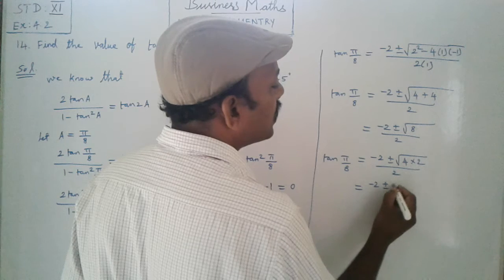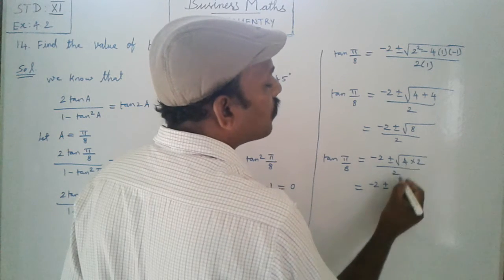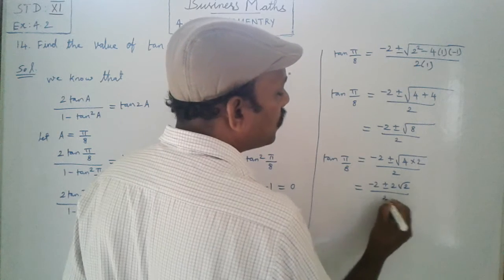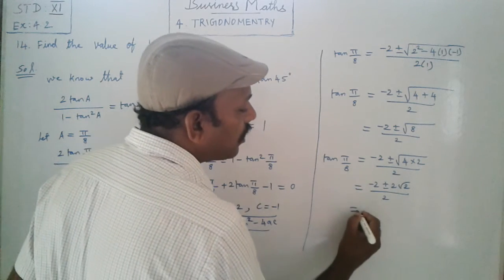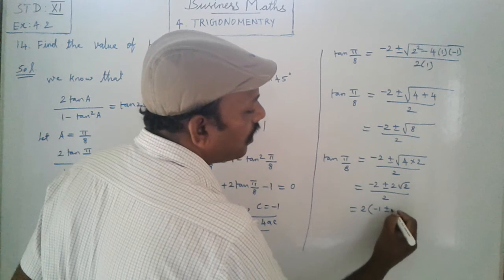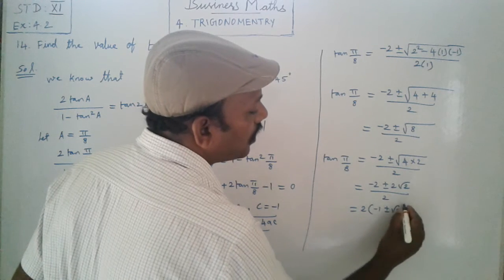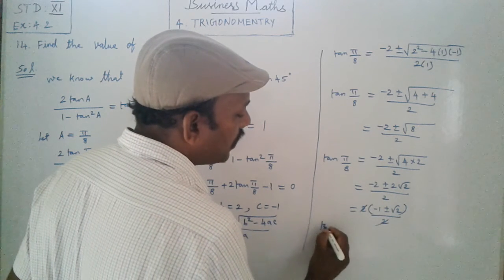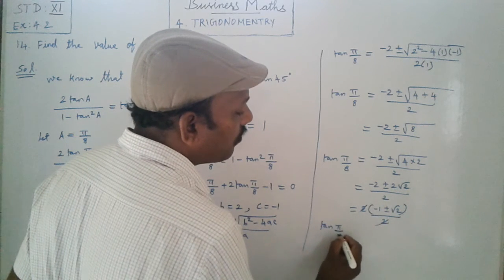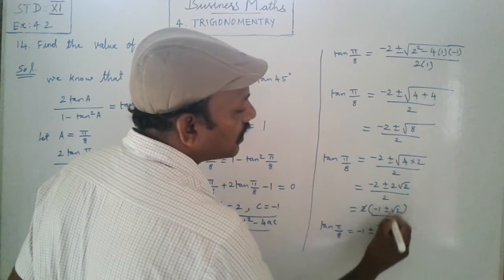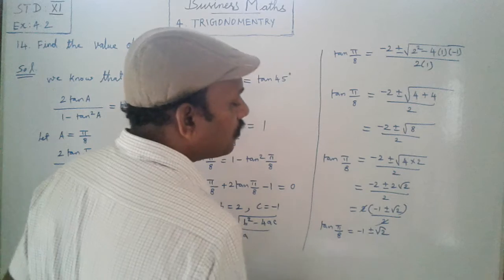Minus 2 plus or minus square root of 4 is 2, root 2, divided by 2. Now 2 is common, take it out. Minus 1 plus or minus root 2 divided by 2. Now the 2 cancels. Tan pi by 8 equal to minus 1 plus or minus root 2.